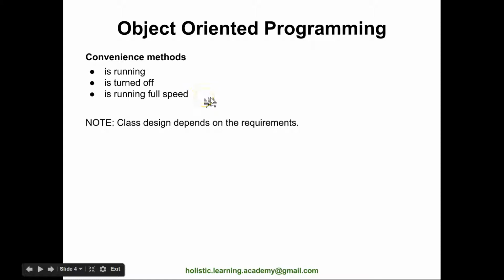Now class design basically depends on your requirements. What do I mean by that? For example, the speed level that we just discussed could be discrete values like 0, 1, 2, 3, 4 levels of speed, or you may have a continuous adjustment with a knob. So you can just set RPM anything from 0 to some maximum value, in which case your speed level is going to be a continuous variable.